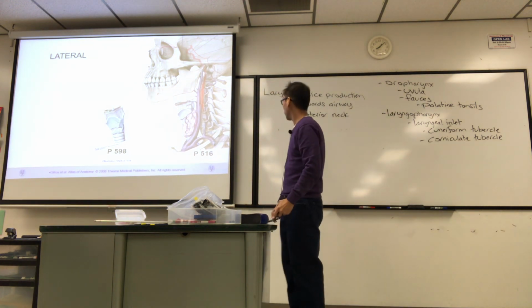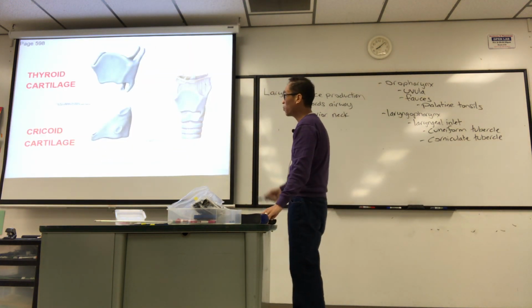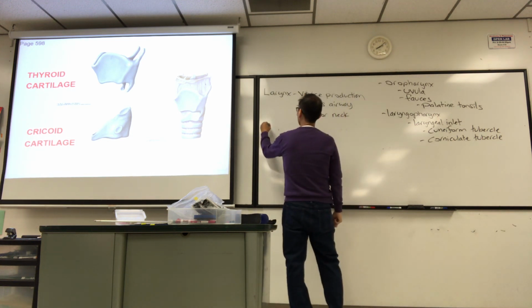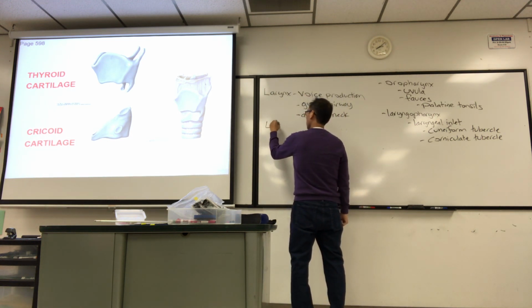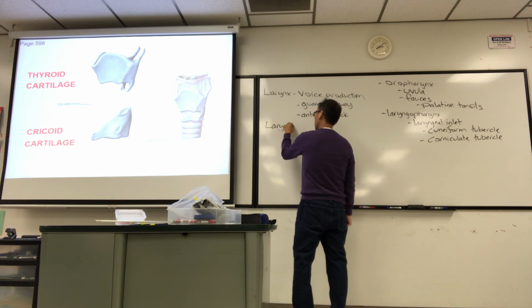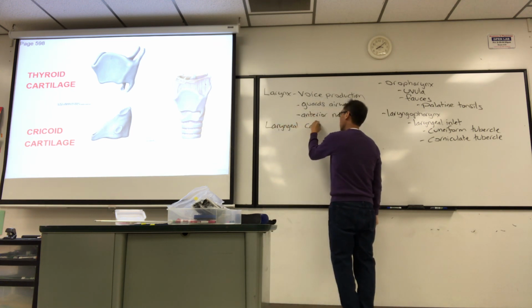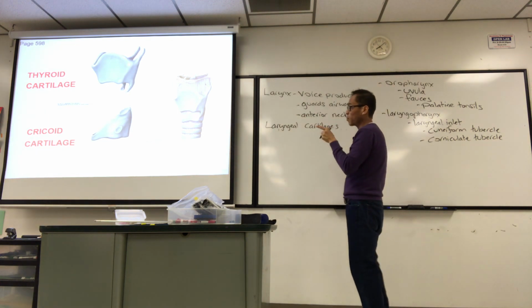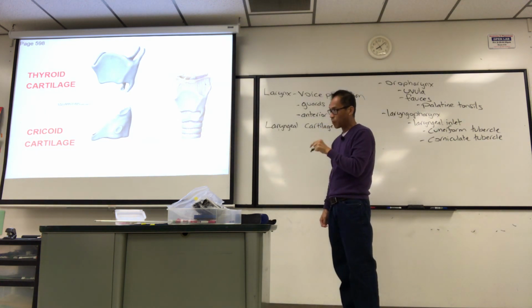So some of the laryngeal cartilages I want you to know include the thyroid cartilage and the cricoid cartilage. Laryngeal cartilages. Stiff cartilage. So the biggest one that's shaped like a shield, thyroid means shield.